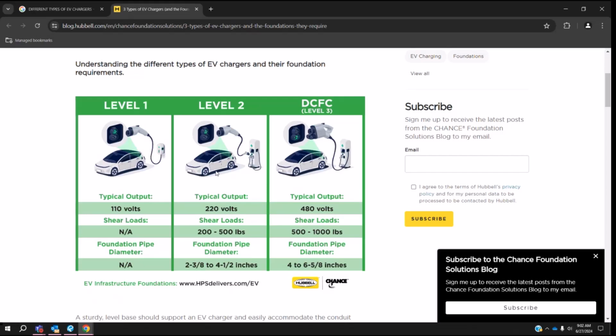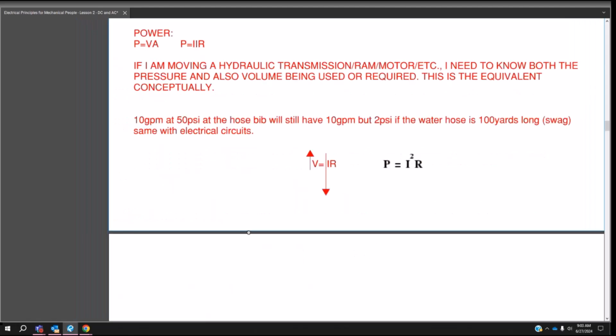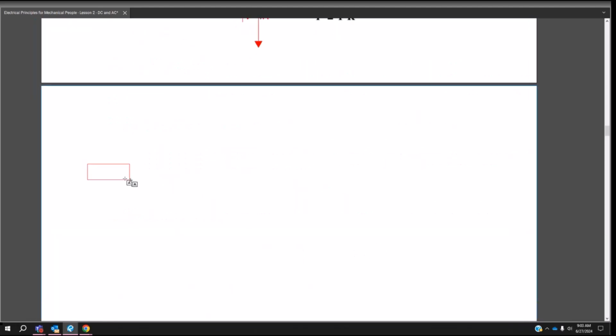Because it's converting from AC to DC before the vehicle, it can push a whole bunch of current to the car immediately, whereas in the vehicle it's getting AC and has to convert it in the car.